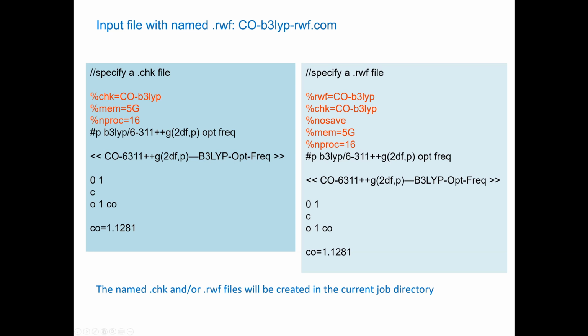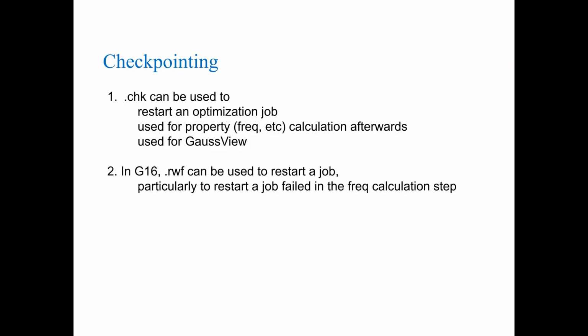Otherwise, the file will stay there for you to be able to restart the job. Okay, so when you name a file here, unless you give it a full path, the file will be created in your current job directory. Okay, I think you know that.